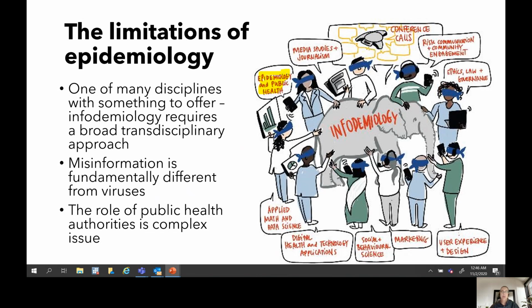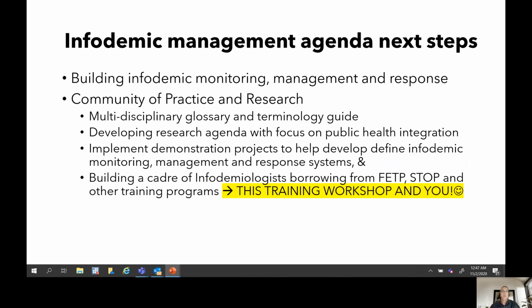You can have independent fact checkers, but ways to ensure that it's not corrupted by involvement in a government system, and that it's done in a way that maintains independence in that regard. And it's a bit more straightforward when you're dealing with disease outcomes and things that we typically deal with, that we've been talking about in epidemiology. And I think that's going to be talked about in more detail in the workshop too, in your training.